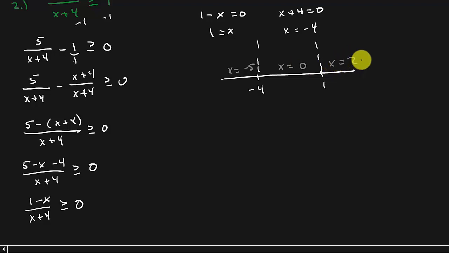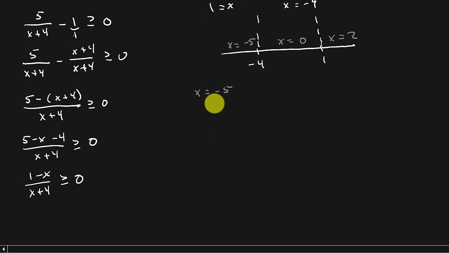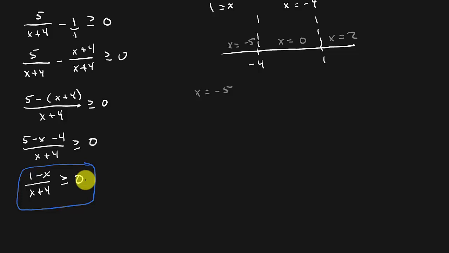All right, so now I've got to test out x equal negative 5. Now, where are we going to plug this in? Well, we can plug it into any one of them, but look, plug it into the one where you have it written as a single fraction and then 0 on the other side. A single fraction on one side of the inequality and 0 on the other. Write it like that.